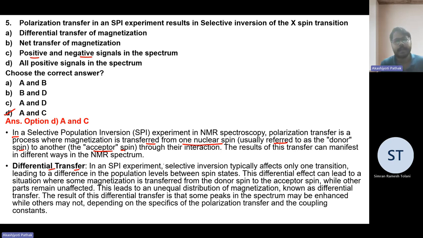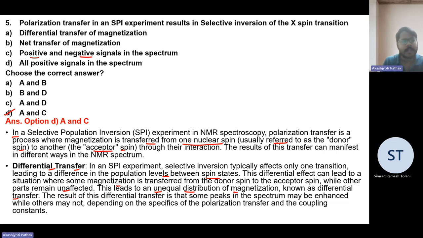In an SPI experiment, selective inversion typically affects only one transition, leading to a difference in the population levels between spin states. This differential effect can lead to a situation where some magnetization is transferred from the donor spin to the acceptor spin, while other parts remain unaffected. This leads to an unequal distribution of magnetization, known as differential transfer.